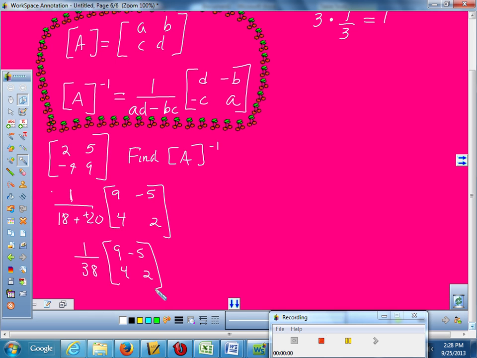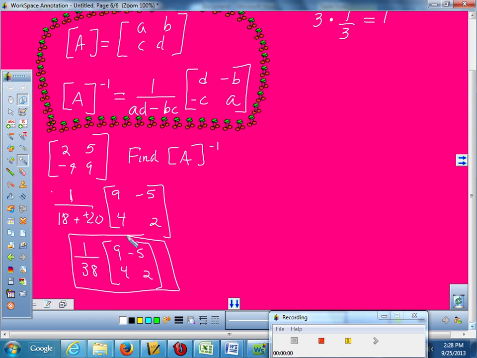And you're going, well, why would I care? I'll get to that one. You could distribute the 1/38 in there and make all of these fractions, but really, which is easier to read, 1/38 out front or all of those over 38? You don't want the fractions in there, so we just leave it that way. That's your inverse. So your first few problems today are just find the inverse. You go that far and you quit.